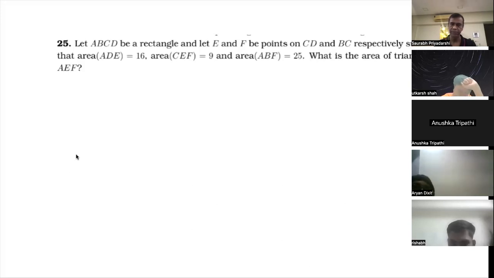Draw the diagram. Okay, Sanjana. Very good.